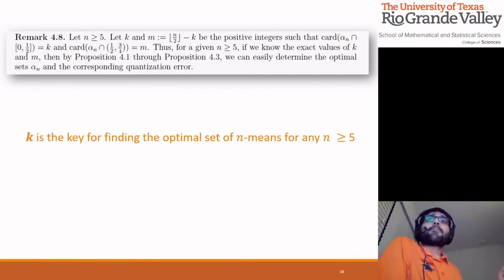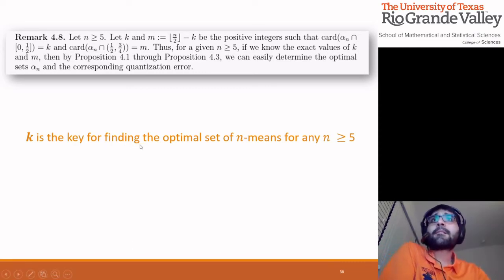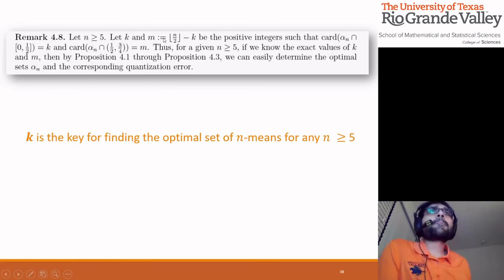By remark 4.8, let n be greater than or equal to 5. k and m will be positive integers, and m will be defined as the floor function of n divided by 2 minus k. So remember, if we know k, we can calculate m as follows, and we later on can calculate the remaining quantizers.